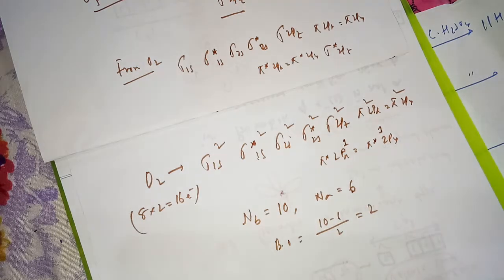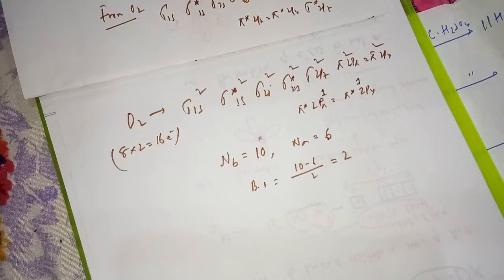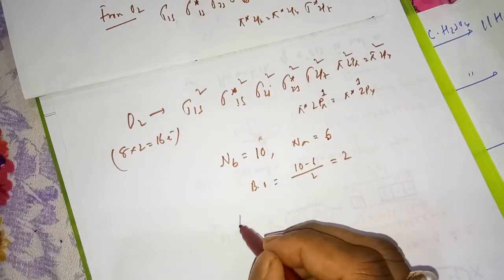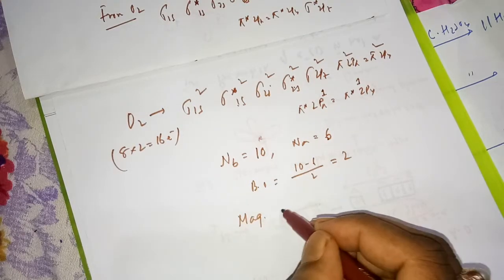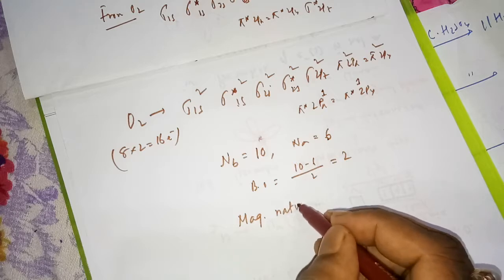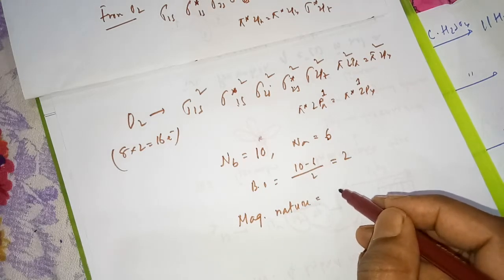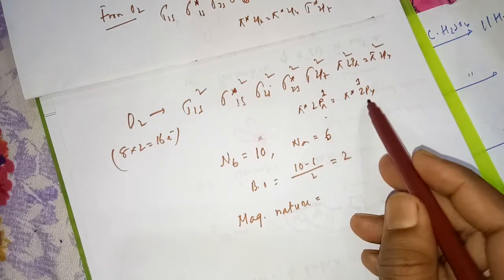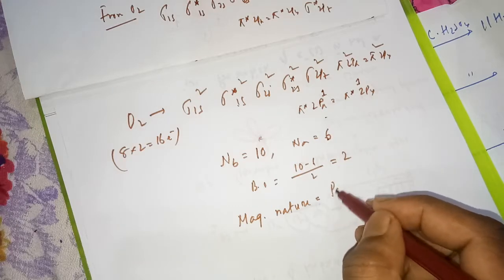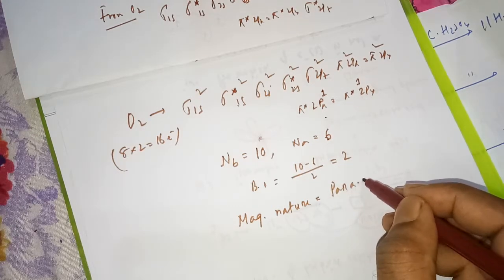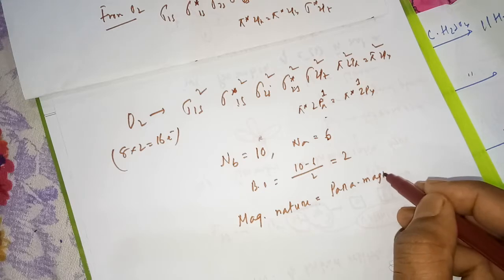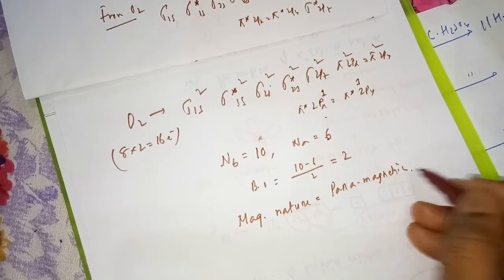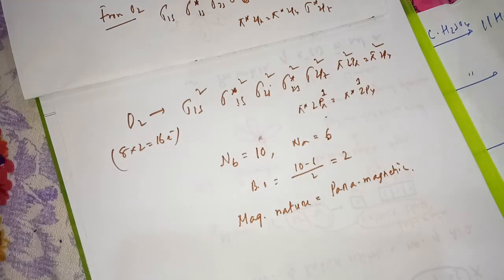The bond order becomes 2, so there are 2 bonds between the oxygen atoms. And last one, your magnetic nature. Since there are unpaired electrons here, it will be paramagnetic. So like that the things go.